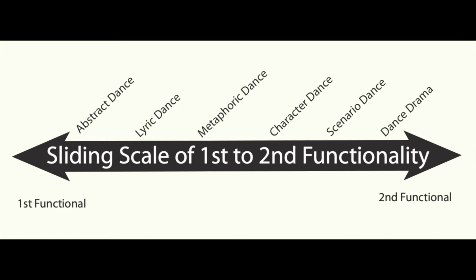Now, if we look back, we looked at this kind of sliding scale from first to second functionality when we looked at the first and second functions. So some of the ways we get at it in the dance world, we've already covered. And they relate to this topic because if we look at the sliding scale, we could have a dance that is just pure movement. There is no representation.